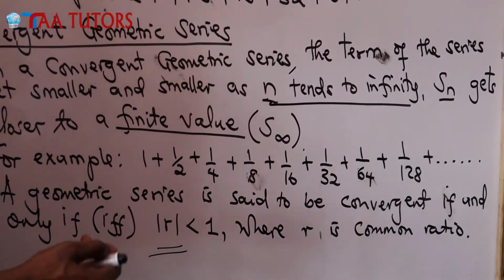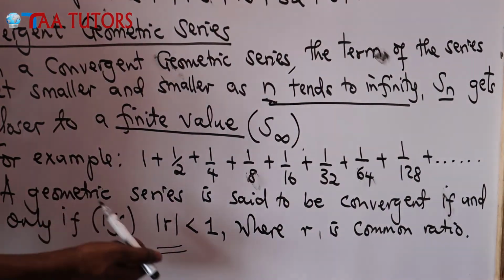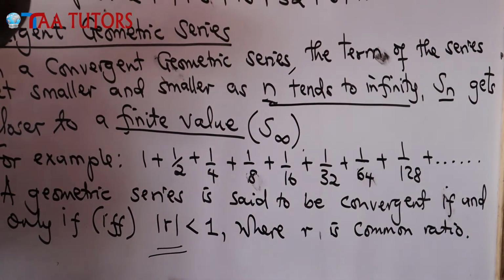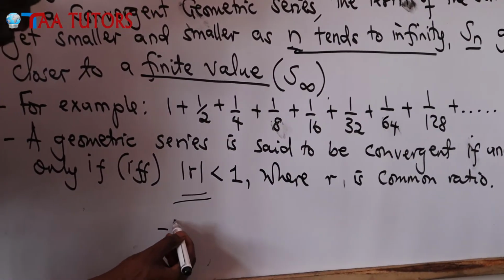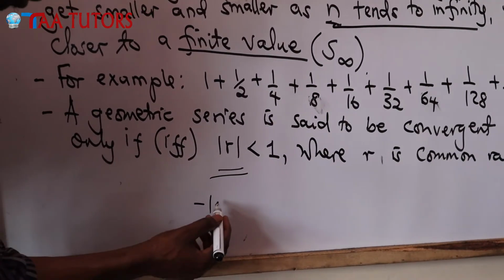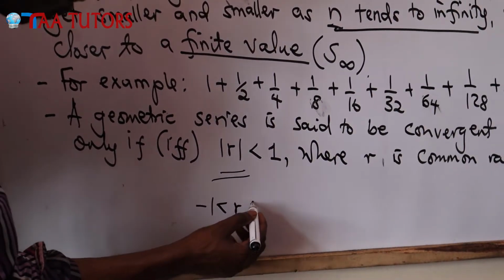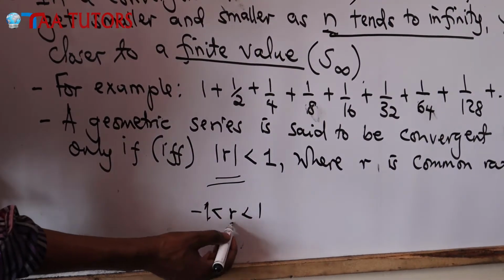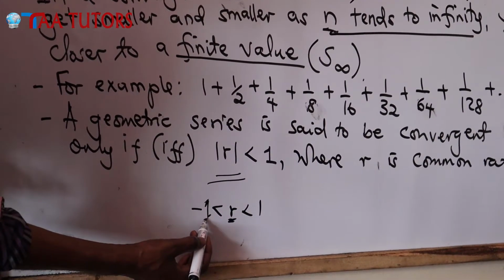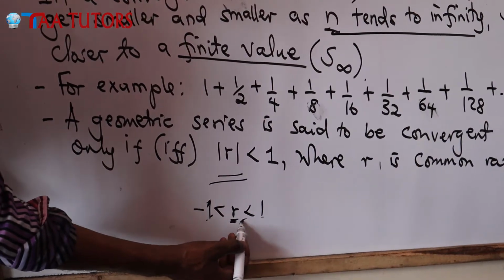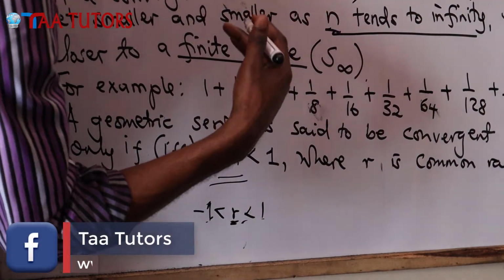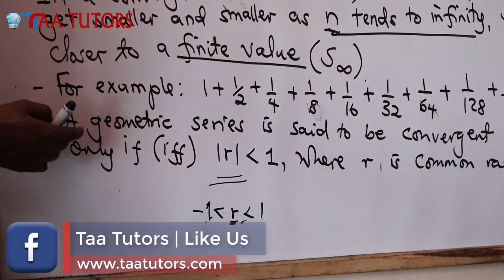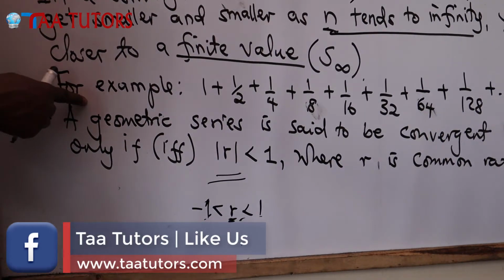It means that the value of r must be greater than -1 but less than 1. Anything other than that must not be considered a convergent geometric series.